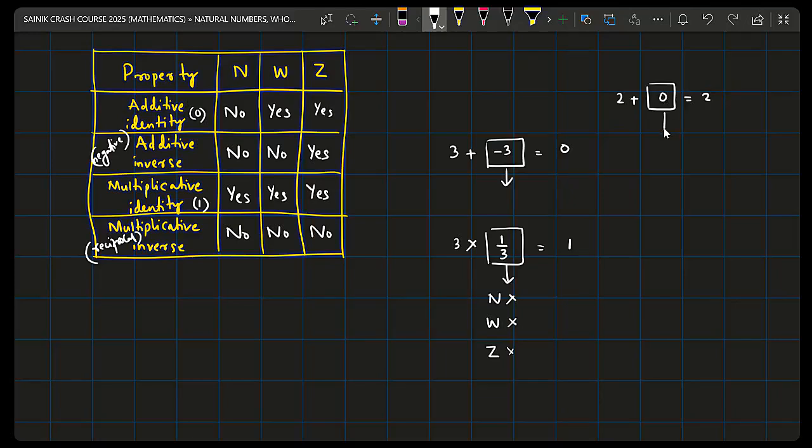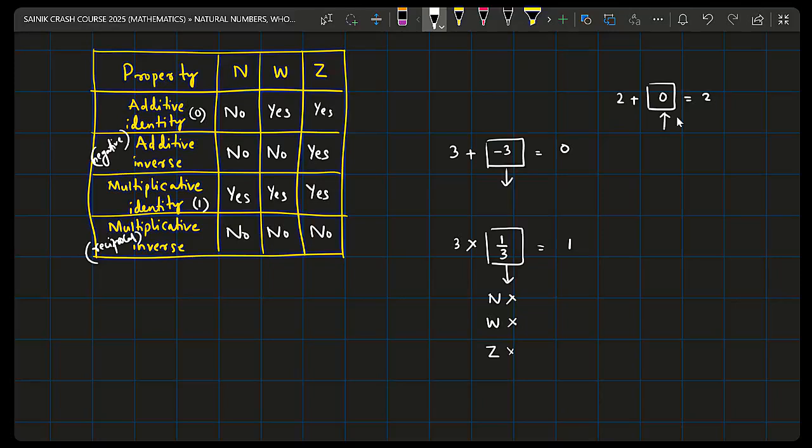That's why 0 is called additive identity. Because 0 is not a natural number, natural numbers do not have additive identity. Okay?